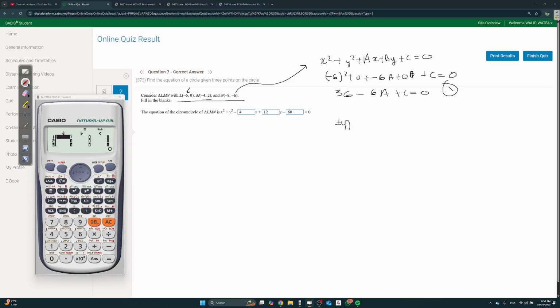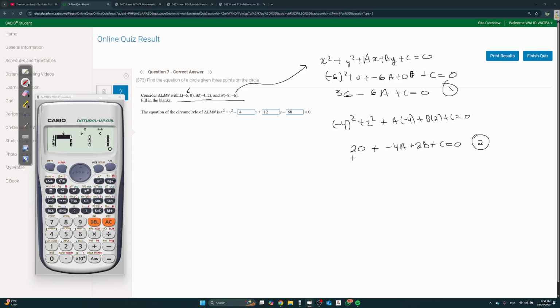So minus 4 squared plus 2 squared plus a times minus 4 plus b times 2 plus c is equal to 0. You're going to get 16 plus 4, which is 20, plus negative 4a plus 2b plus c is equal to 0.